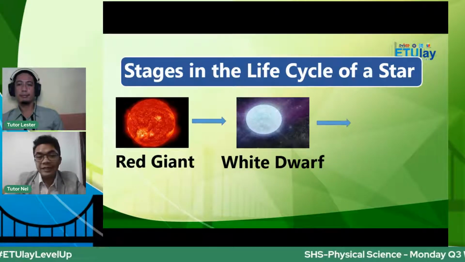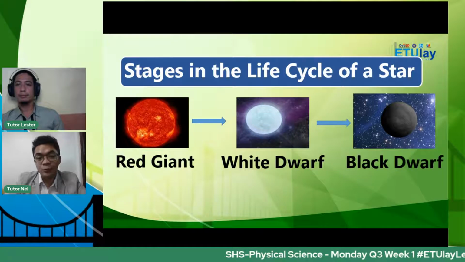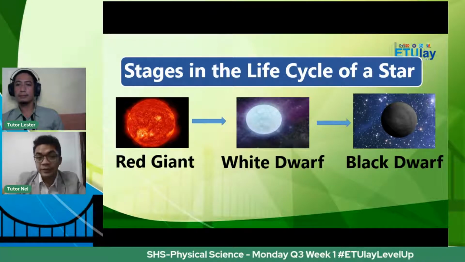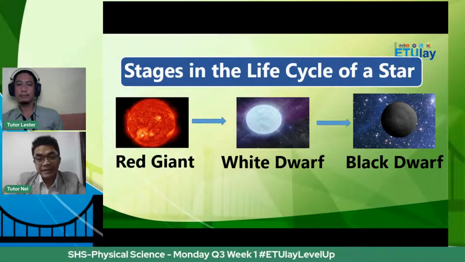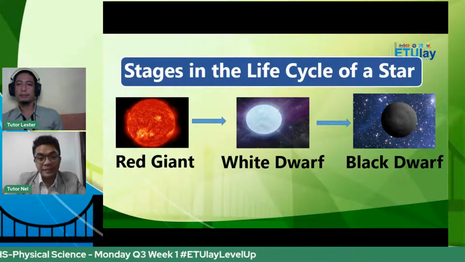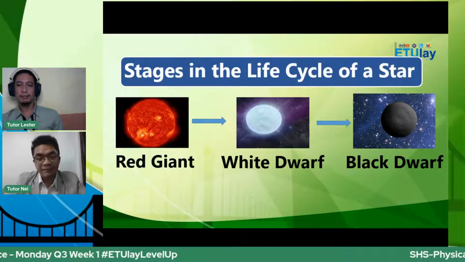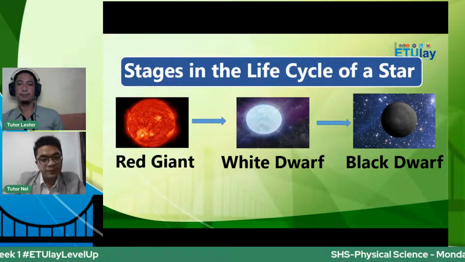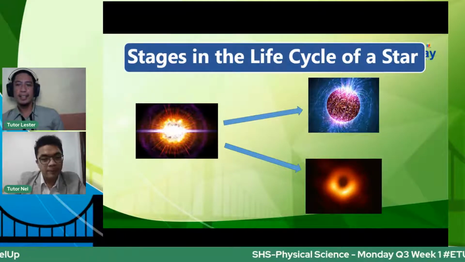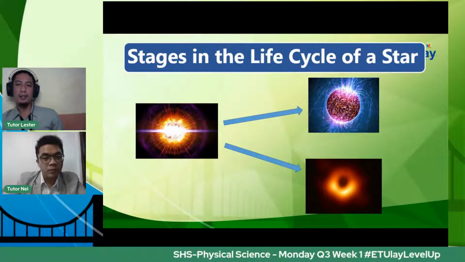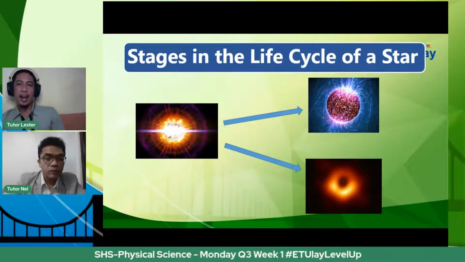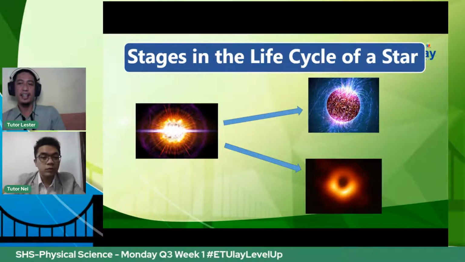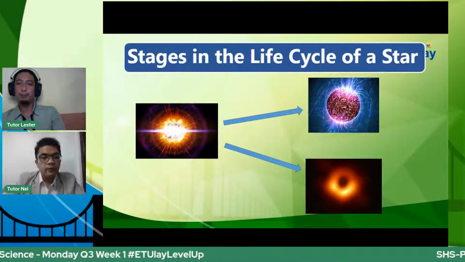Nagiging black dwarf ang isang white dwarf matapos nitong lumamig. Sa ngayon ay wala pang nakikitang kahit isang black dwarf dahil ito ay isa lamang hypothesis ng mga siyentipiko. Yes, yan po ang life stages ng mga average size stars na kagaya po ng ating araw.